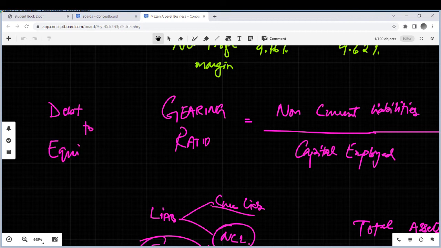Non-current liabilities are the amounts that you have borrowed from other people. Capital employed is your own money plus the borrowed amount.